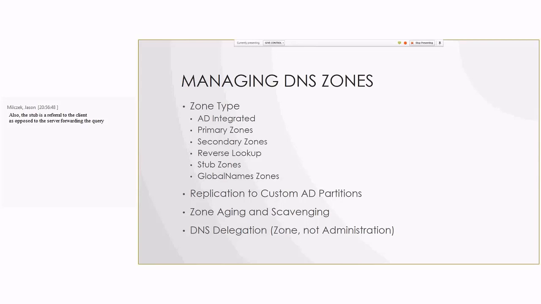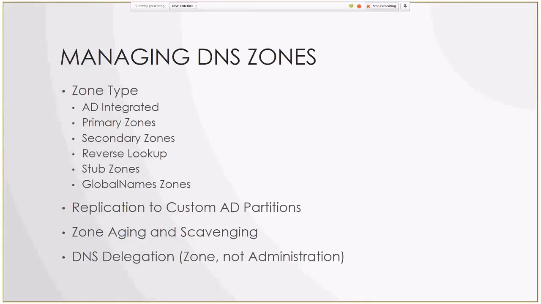Okay, on to global name zones. Now, these are used for doing the single label name lookups. Anyone who's been around for a while is familiar with the good old WINS server. So this is a more modern replacement for that particular service. Now, it doesn't replace it exactly, because unlike WINS, your global name zone has to be updated manually, whereas WINS would just populate it with all the names dynamically.